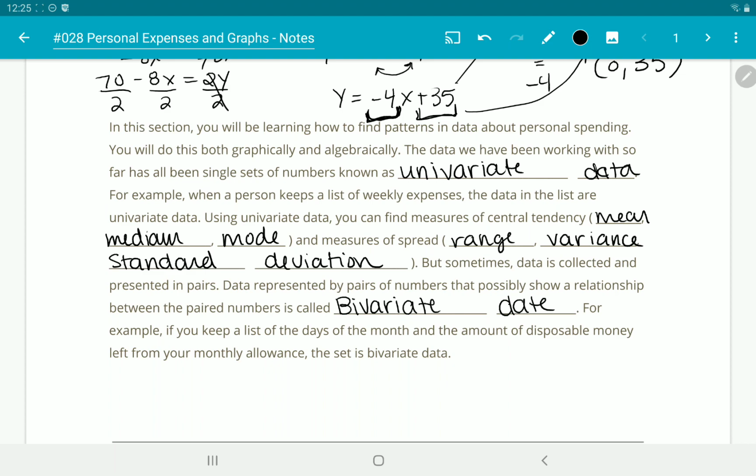For example, if you keep a list of the days of the month and the amount of disposable money left from your monthly allowance, the set would be bivariate because you're looking at the day along with the amount of money left over. Because you have two different things you're looking at together, it's bivariate data.